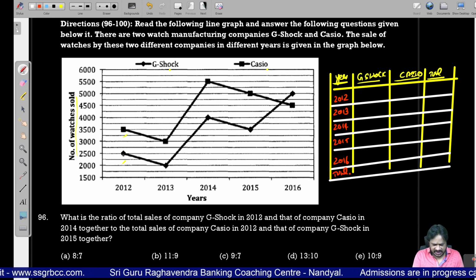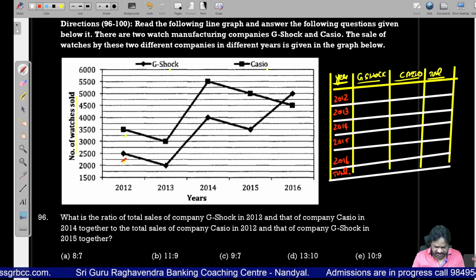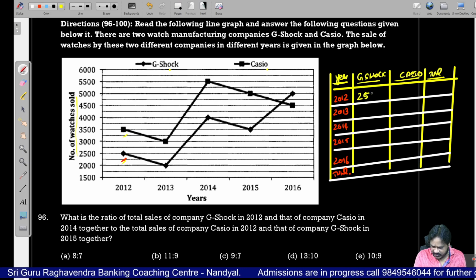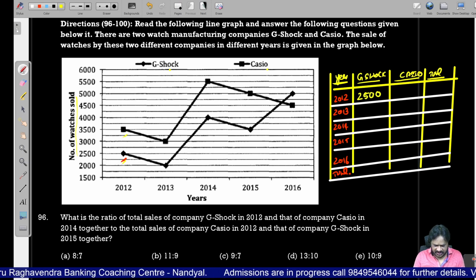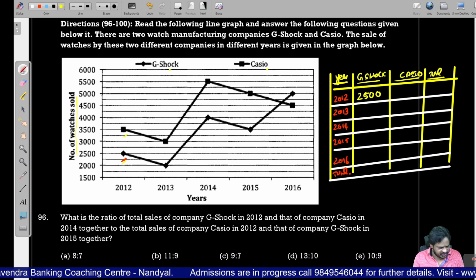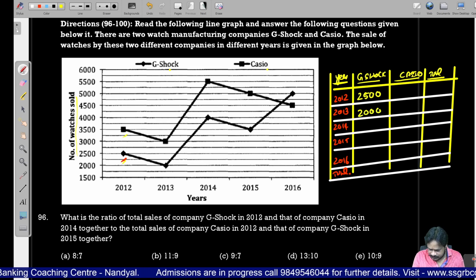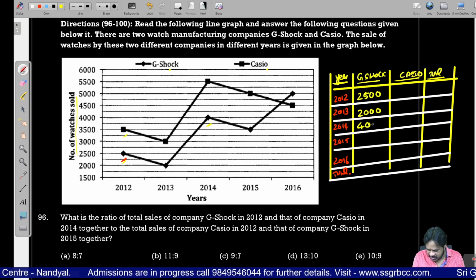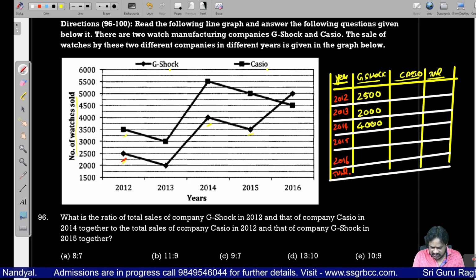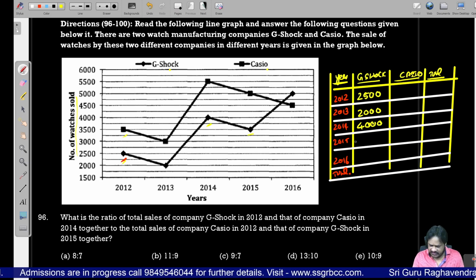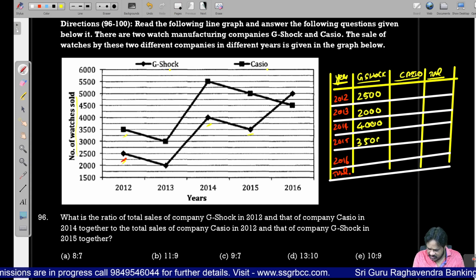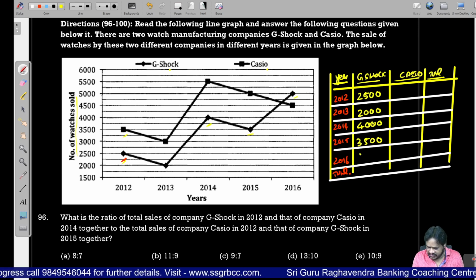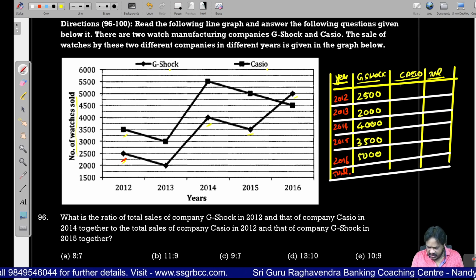Now let us take the values. So first this is G-Shock. So this is 2500. Then this one 2000. Then this one is 4000. This one is 3500. And this one is exactly 5000. Come to Casio.